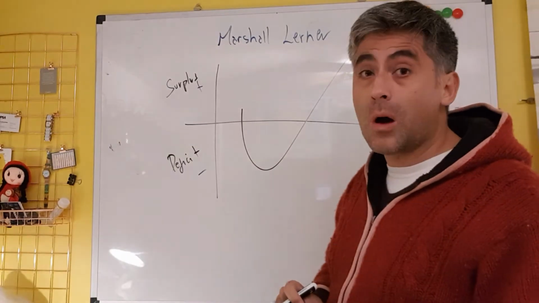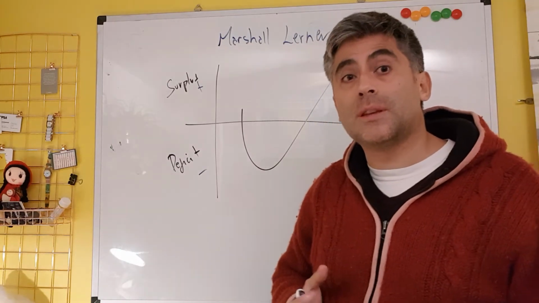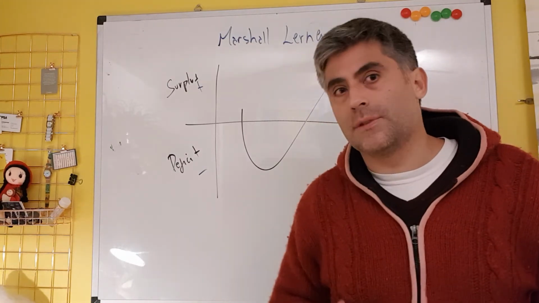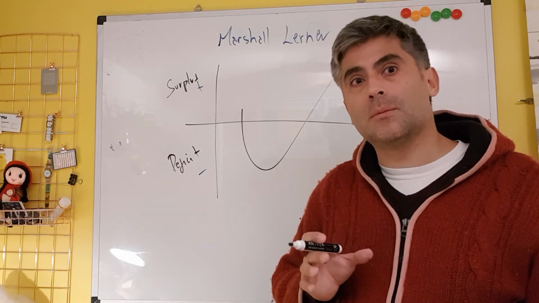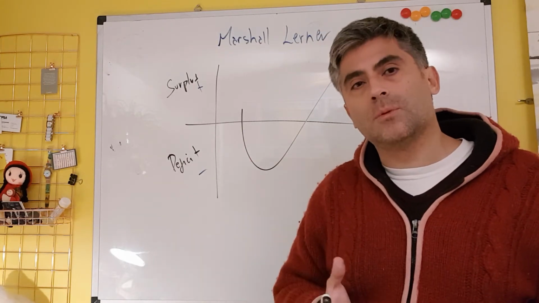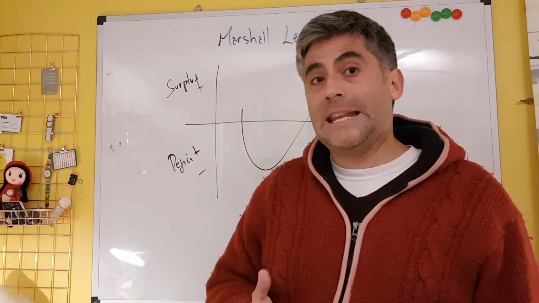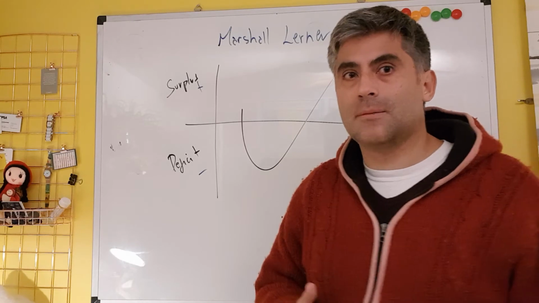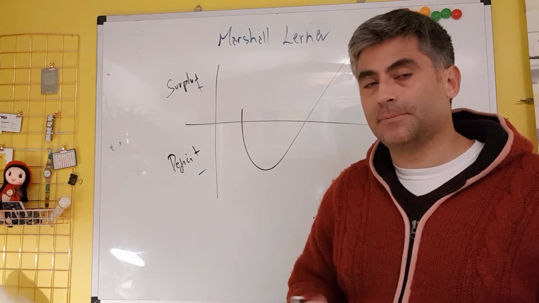The J-curve, why? Because there was a link between the levels of imports and exports and the value of the currency. But he said this is only applicable if the elasticity, the PED of these exports and imports is elastic, meaning that it's more than one, ignoring the sign.